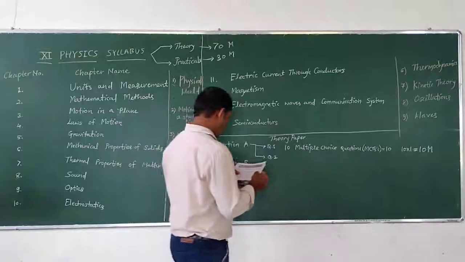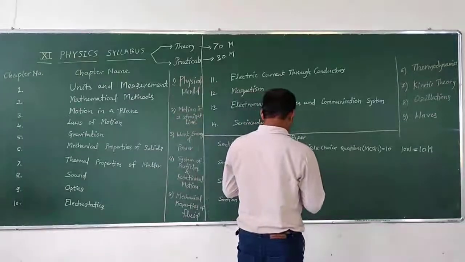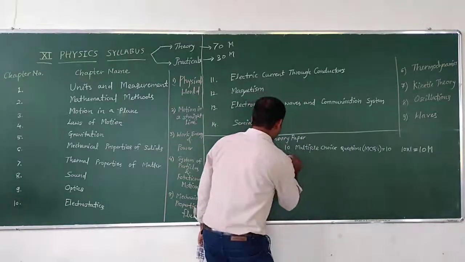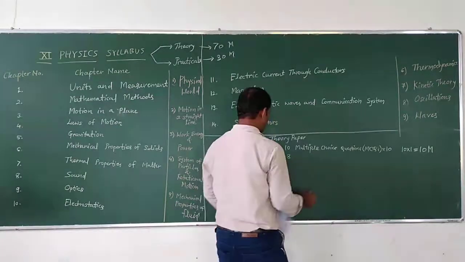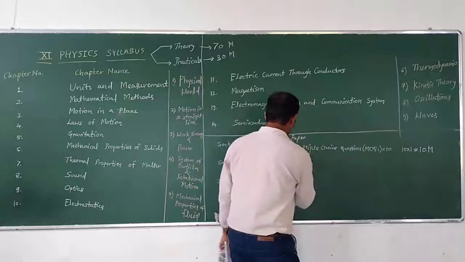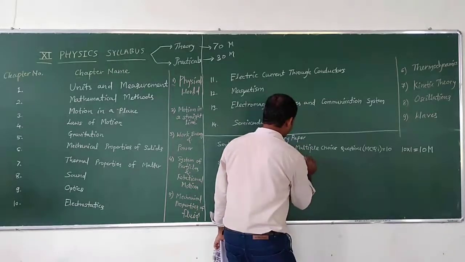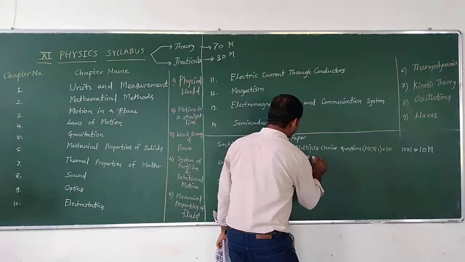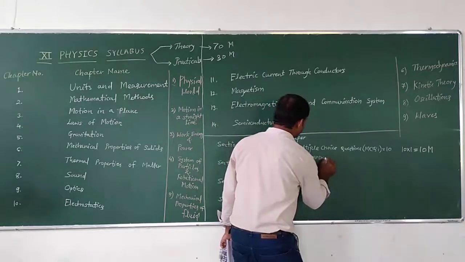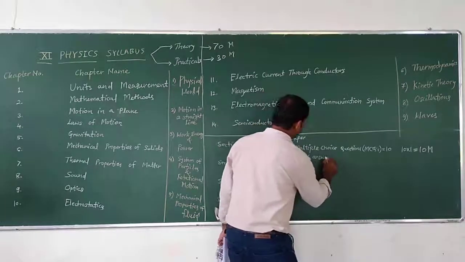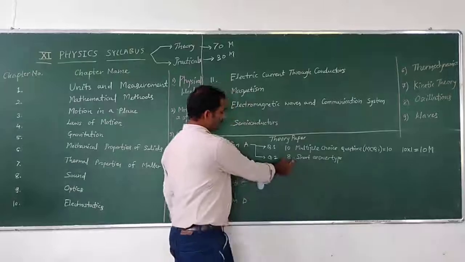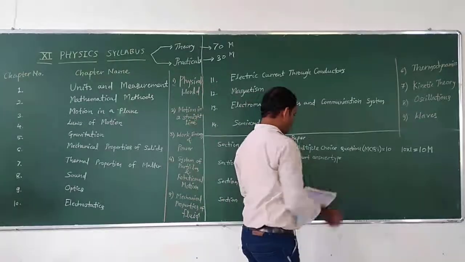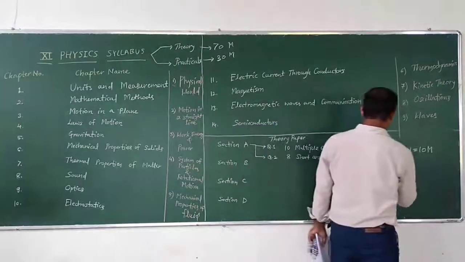Then the second question contains 8 short answer type questions, which have 1 mark each.